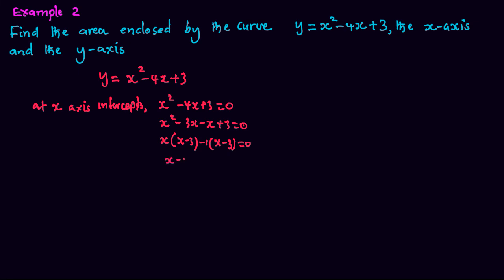We have x minus 1, x minus 3 is equal to 0. So the intercepts, we have either x is equal to 1 or x is equal to minus 3.